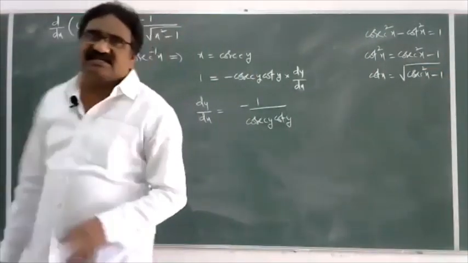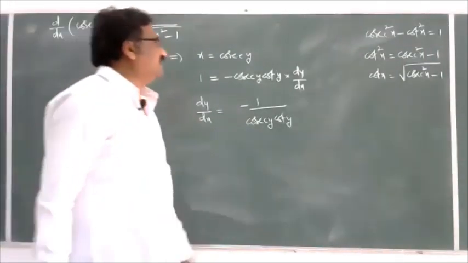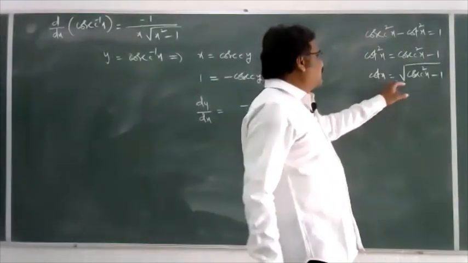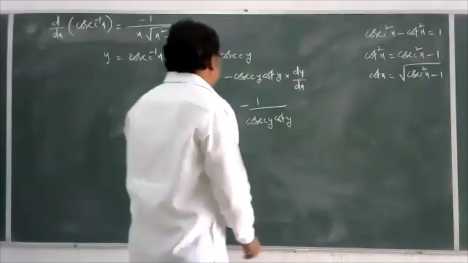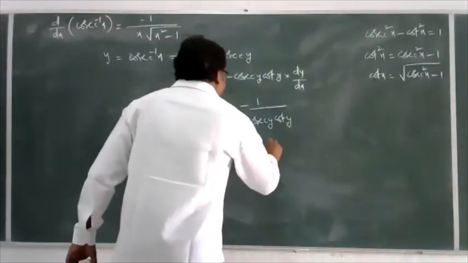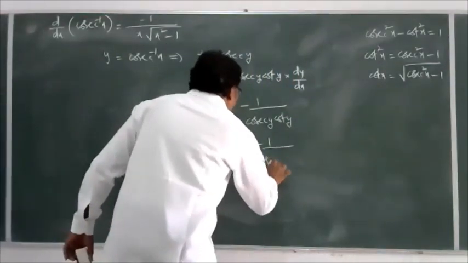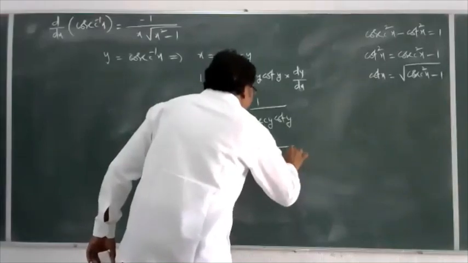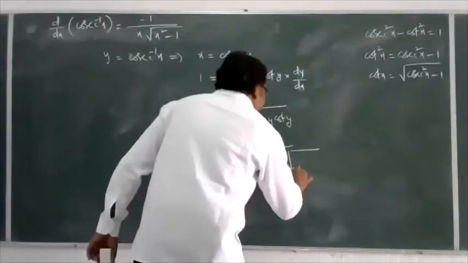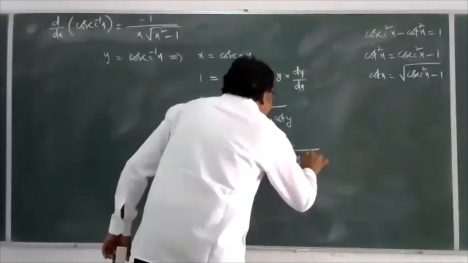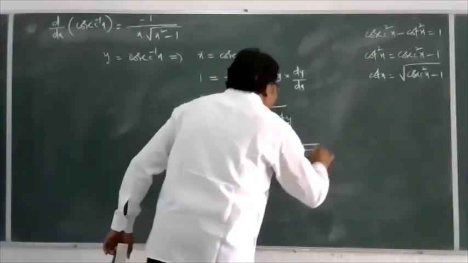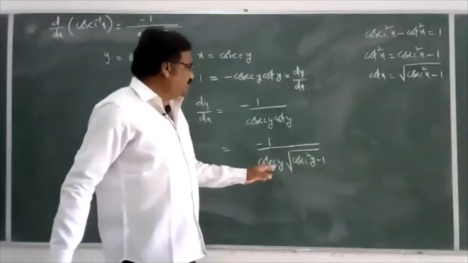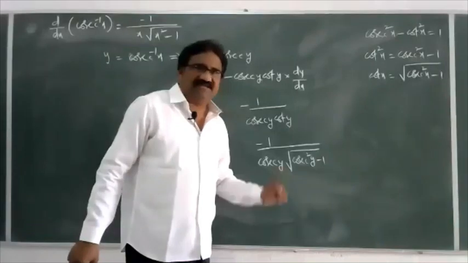Here, minus 1 by cosecant y into cot y, where cot y is root of cosecant square y minus 1.